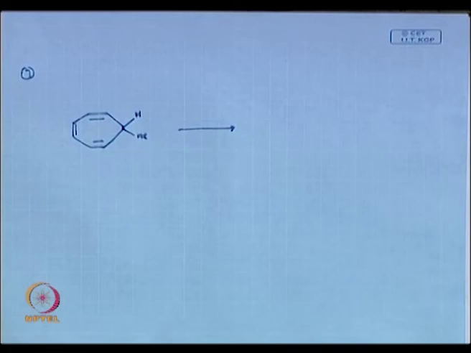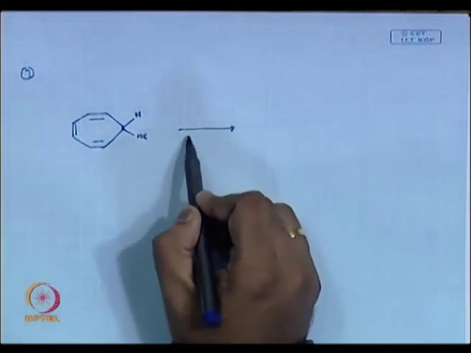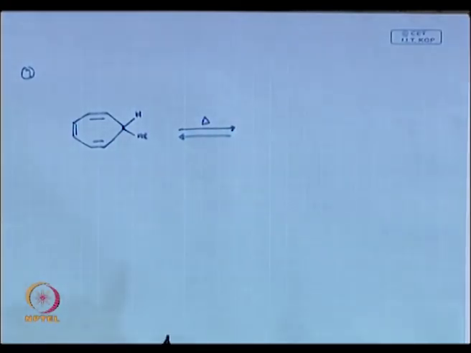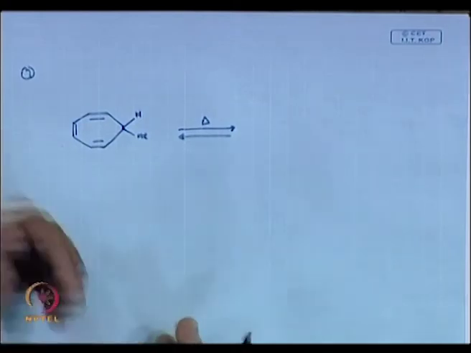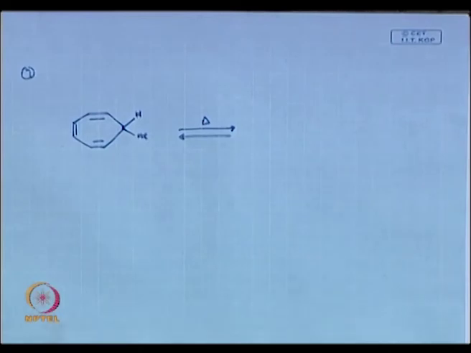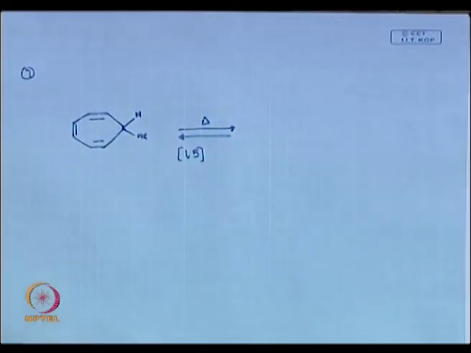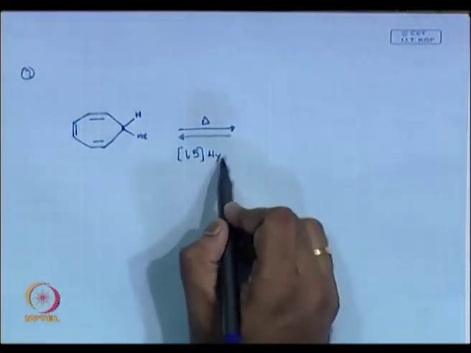I have many combinations here. So, I am stipulating it for heating. What do you want to do? Heating. So, 1,5: there are two choices, methyl or hydrogen. I can push my methyl, I can push my hydrogen. What do you want to do? Yes, 1,5 hydrogen shift.